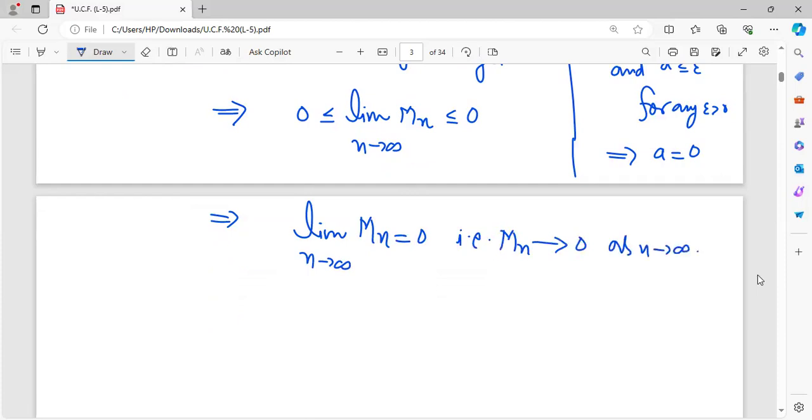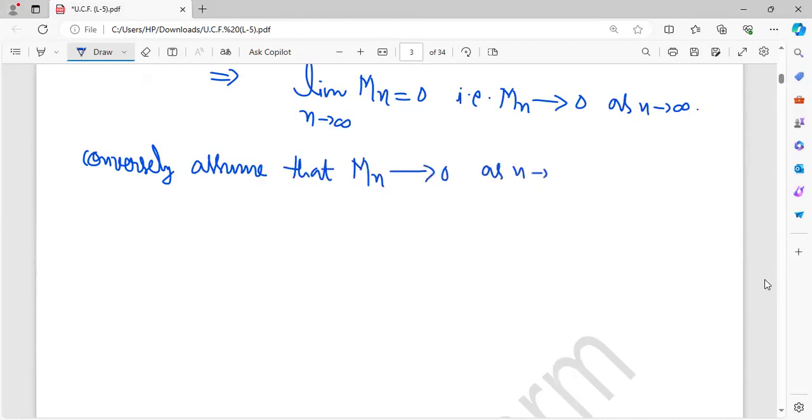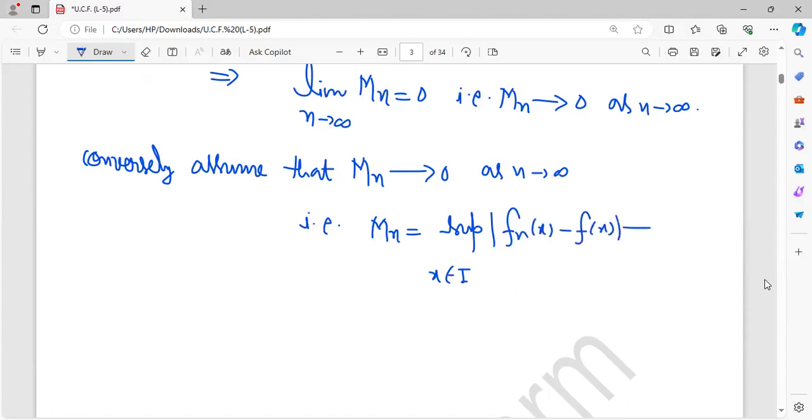Now take the reverse direction. Conversely, assume that Mn, equal to the supremum over x in I of |Fn(x) minus F(x)|, tends to 0 as n tends to infinity.